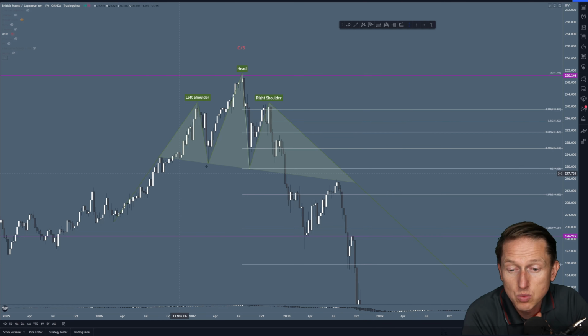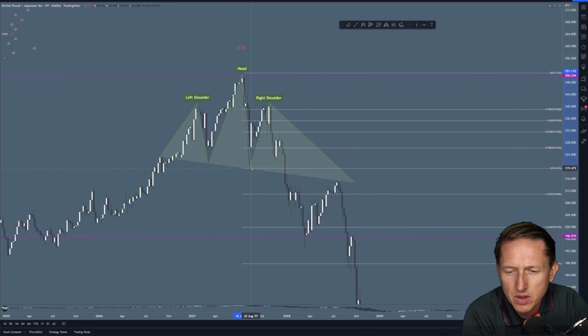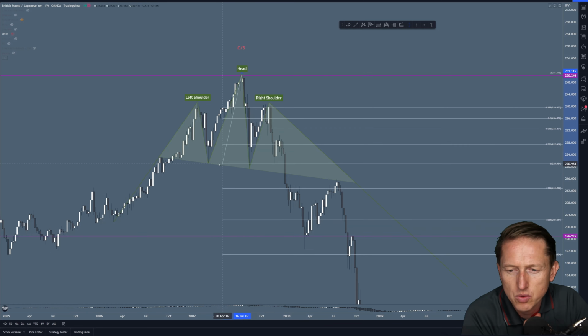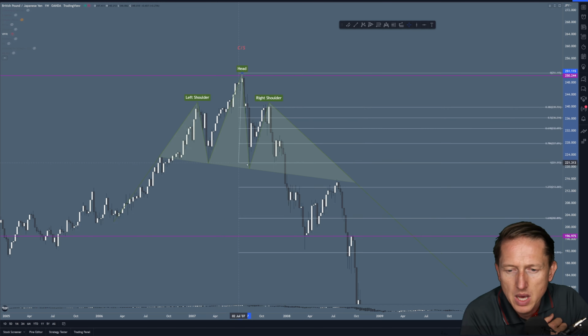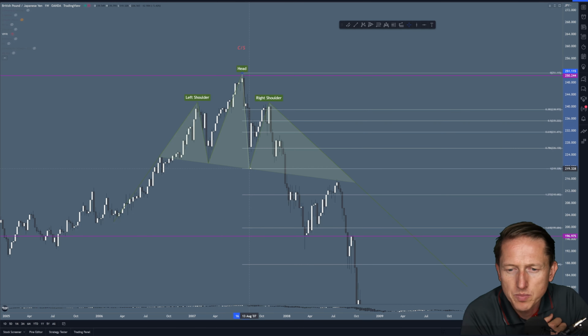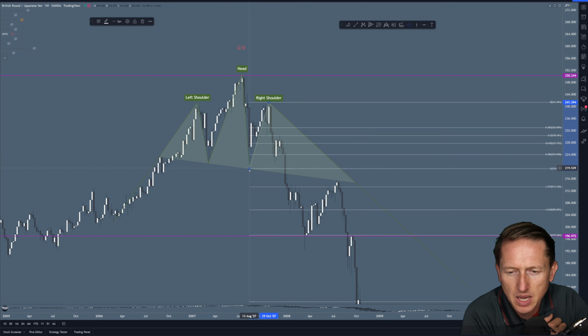Another school would be that you can take the smaller one as well. Smaller one is fine. Instead of taking this line, you can take the pullback, so just the shoulder line, and then you can see that 200% is exactly here.